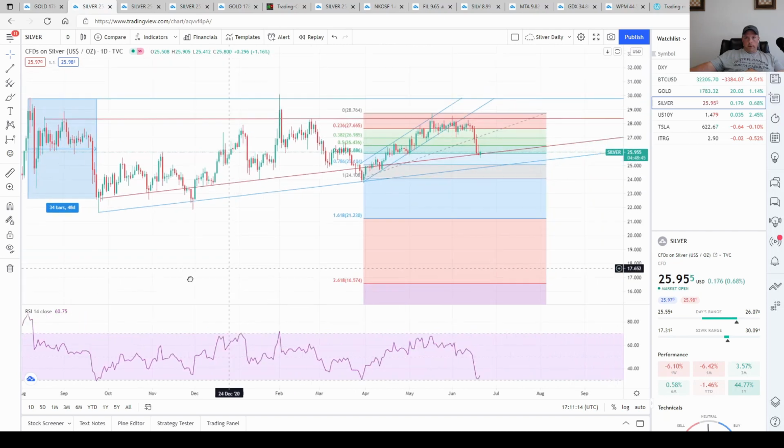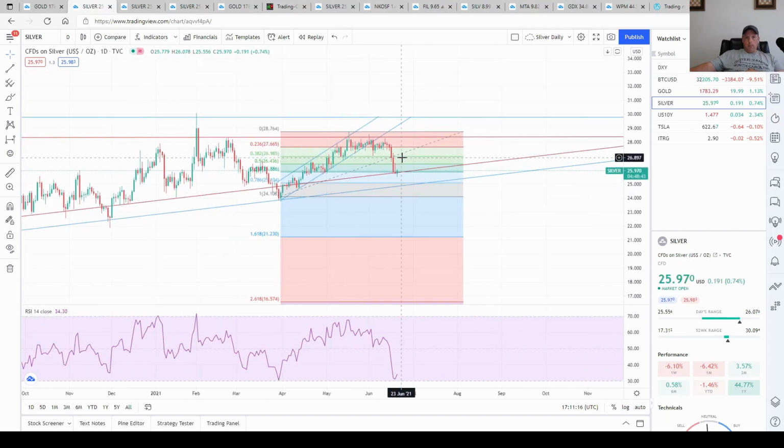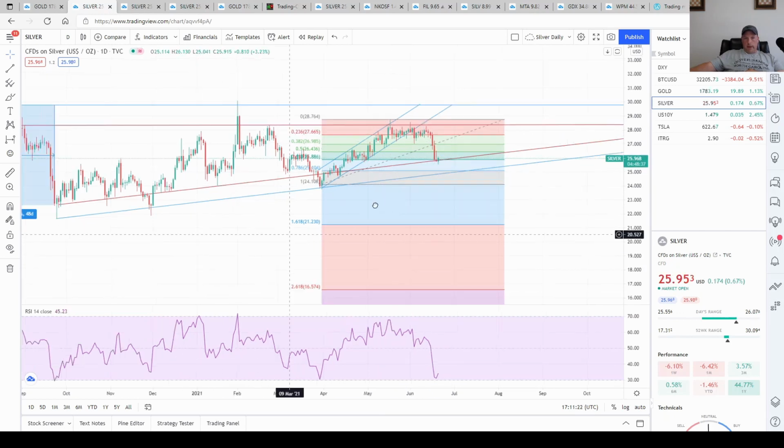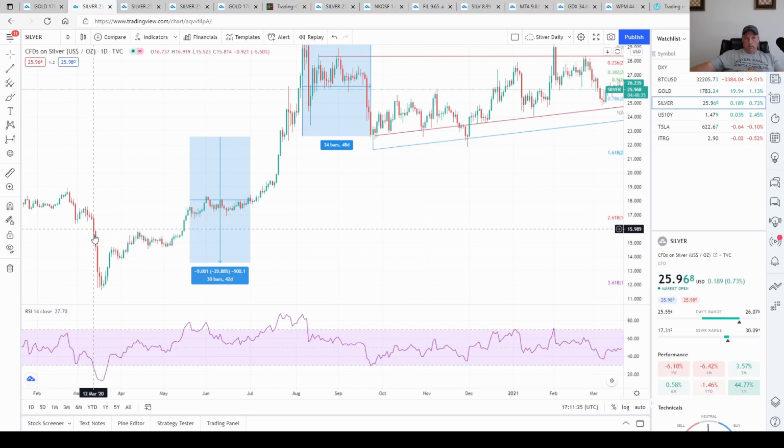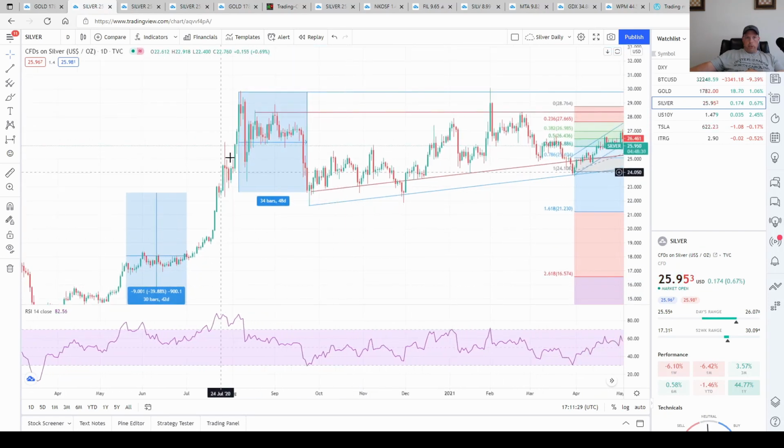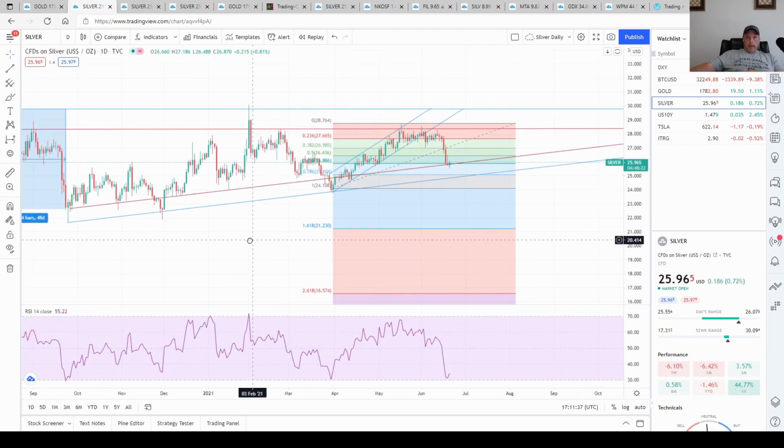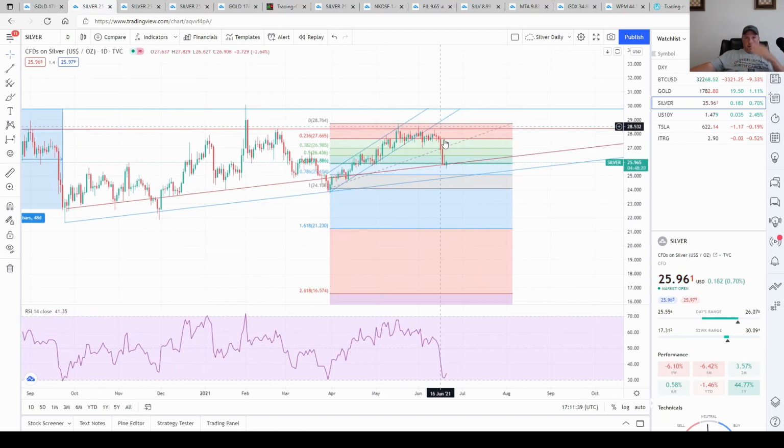Over here, because it was such a sharp move down, I thought it was going to be a sharp move back up. Very similar to how we saw the sharp move down, sharp move up. And also, when you see a sharp move up, oftentimes you see a sharp move down. So again, part of this was connecting all the dots.